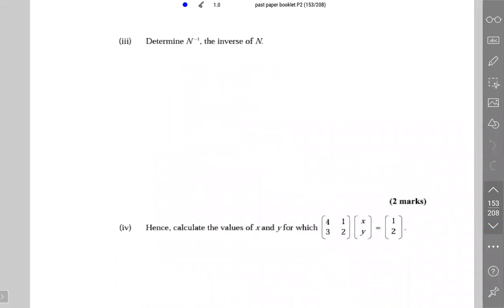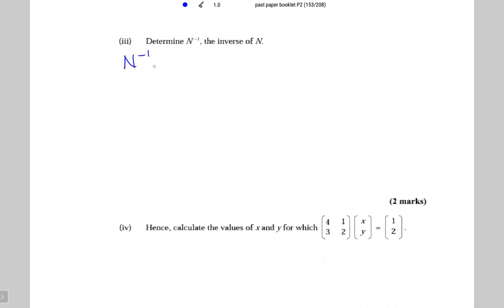This says determine N inverse. Now N inverse is equal to 1 over the determinant of N times adjoint N. All right, now N, y'all don't remember, but N is the matrix 4, 1, 3, 2.